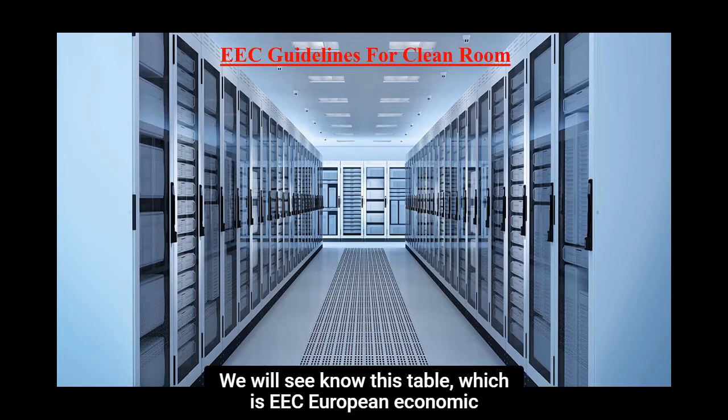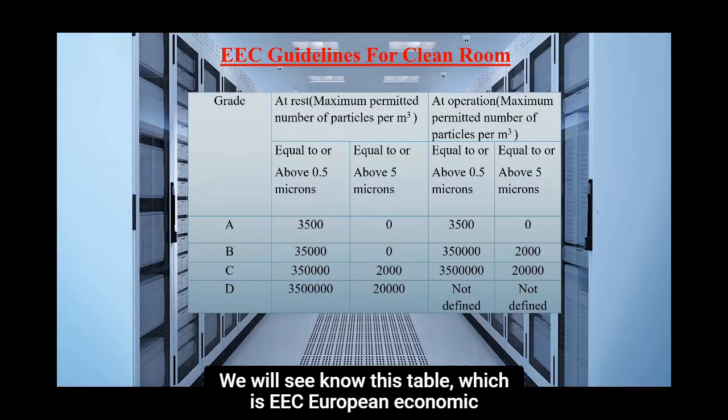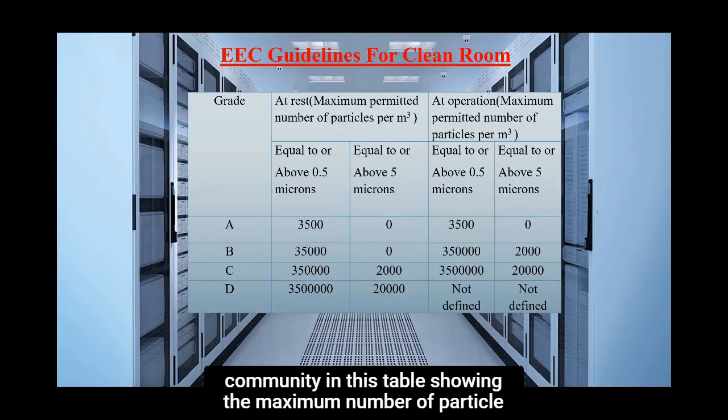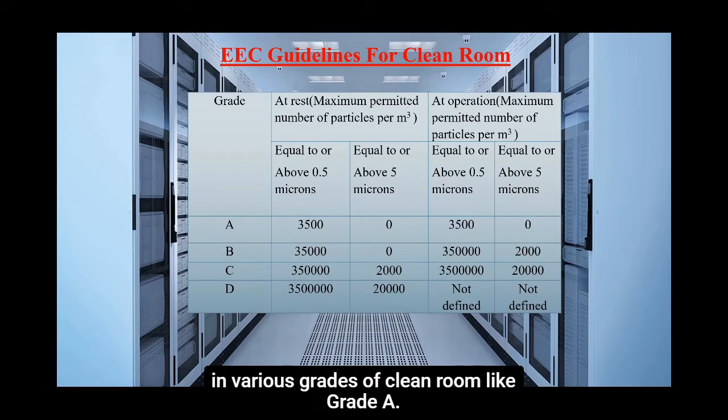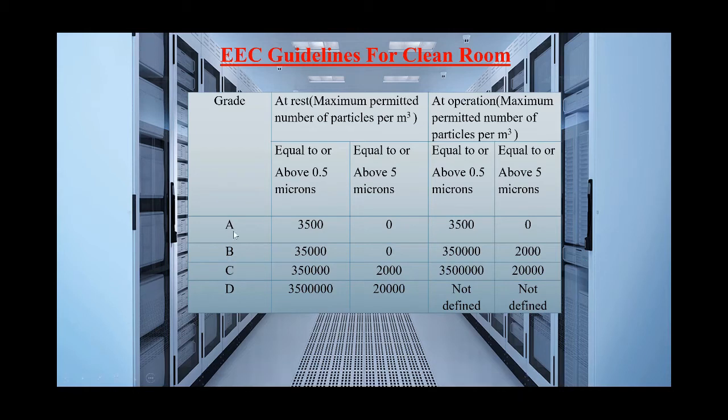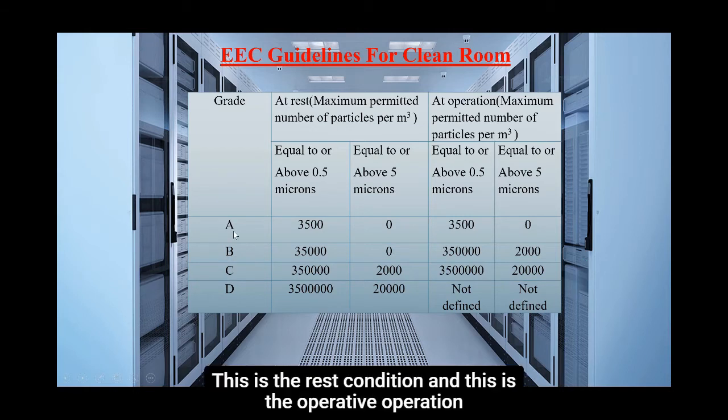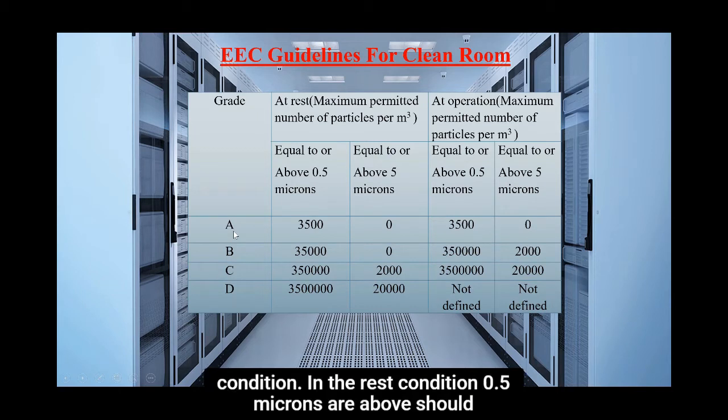We will see now this table, which is EEC, European Economic Community. This table shows the maximum number of particles in various grades of clean room, like grade A in the rest condition. This is the rest condition and this is the operation condition.